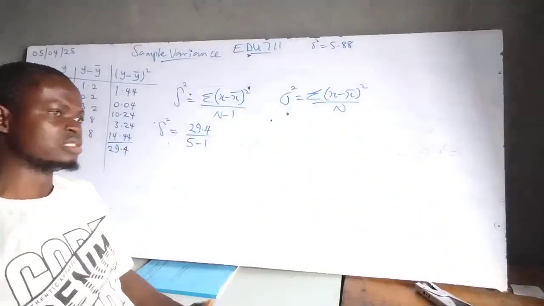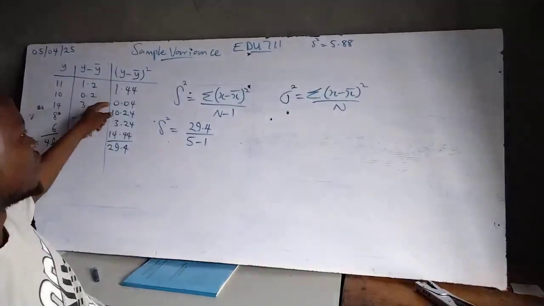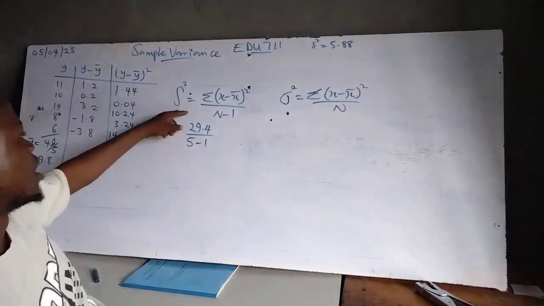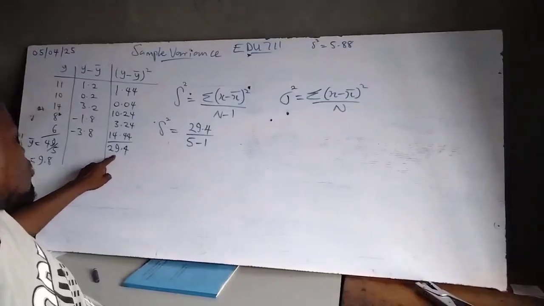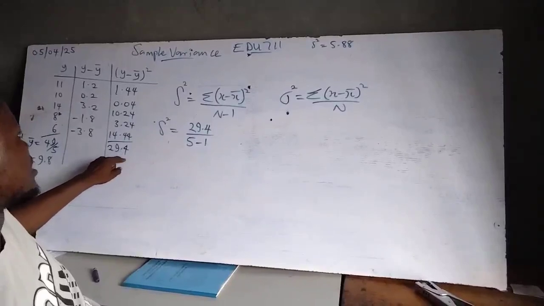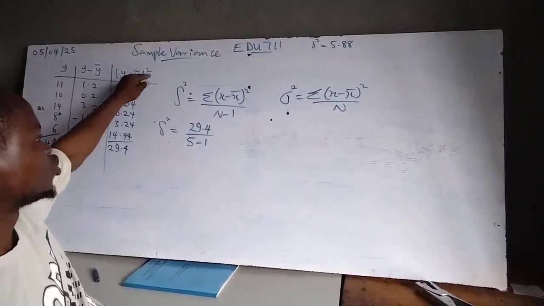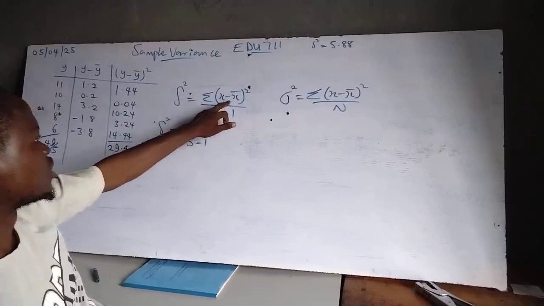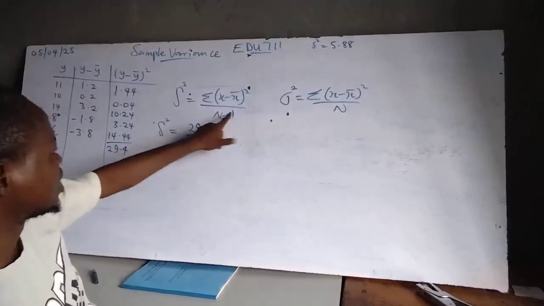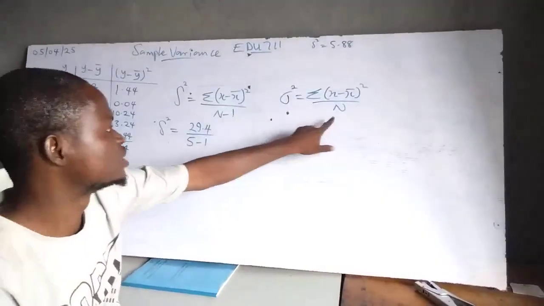But unfortunately, while solving this particular question for sample variance, after getting this value, that is 29.4 as the summation of y minus y bar squared, then slotting it into this formula, instead of using n minus 1, I mistakenly used n.